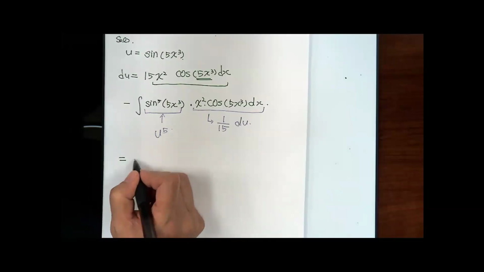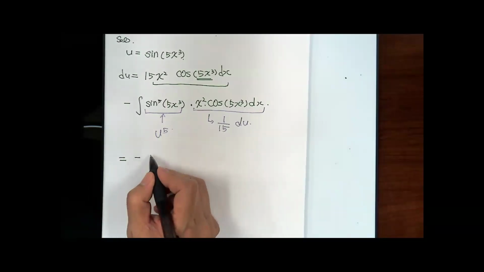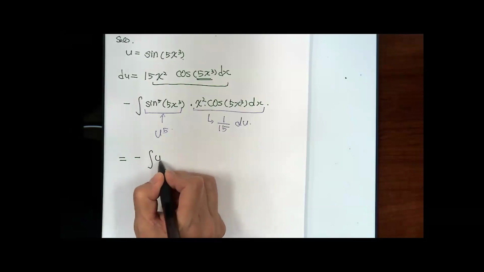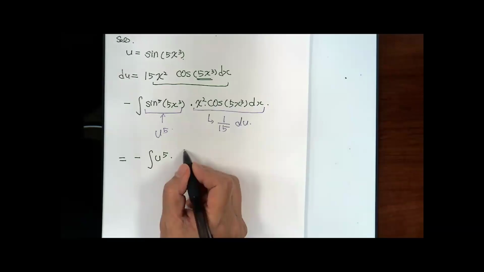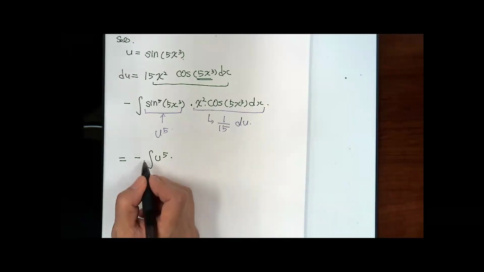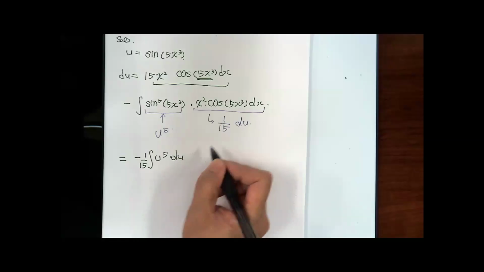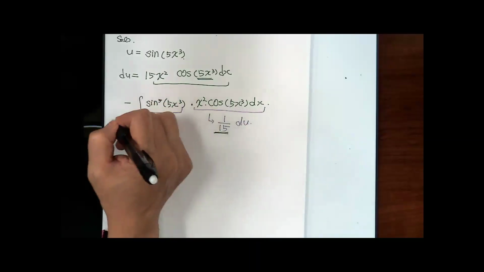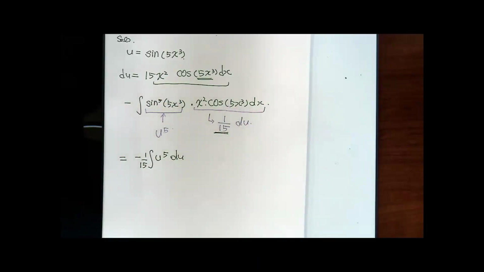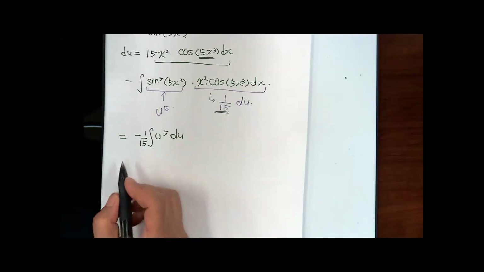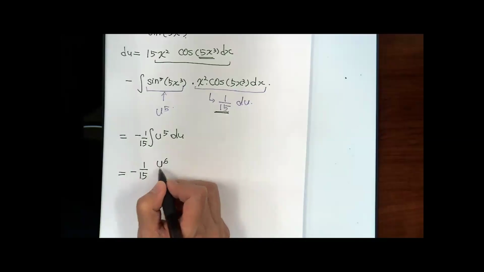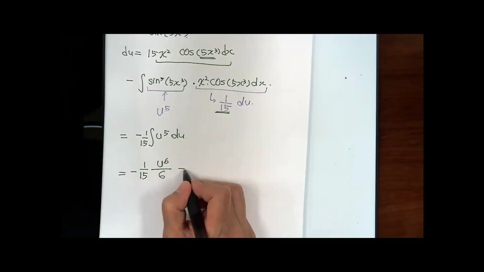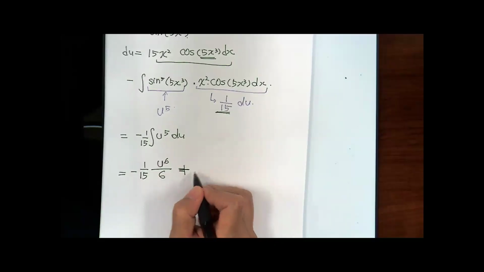So that will be rewritten as minus integration u to the 5th power times 1 over 15 du, right? This number can be written in front of integration. So that is minus 1 over 15 u to the 6th power over 6 plus c.